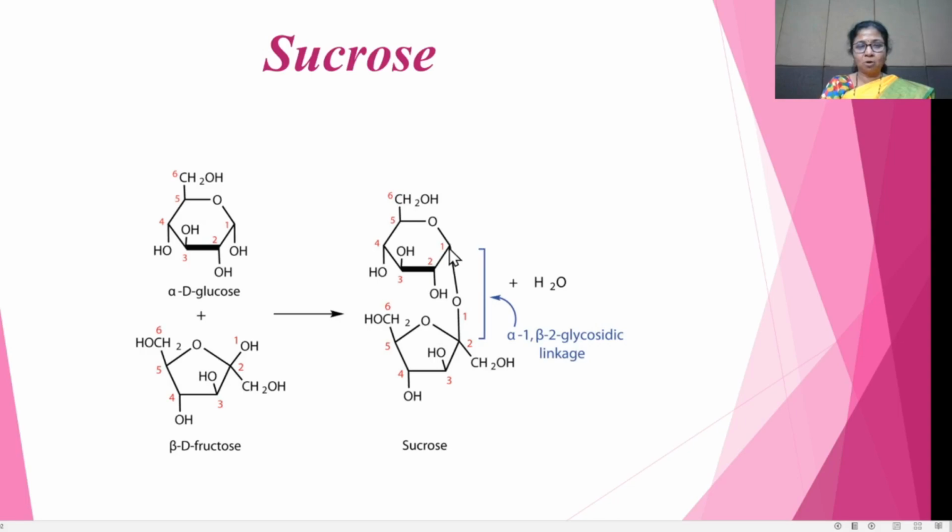See here, both anomeric carbon atoms are in the glycosidic linkage, the linkage between carbon number 1 of glucose and carbon number 2 of fructose. That means both anomeric carbon OH groups are present in this glycosidic linkage, on both sides, and therefore it is a non-reducing sugar.